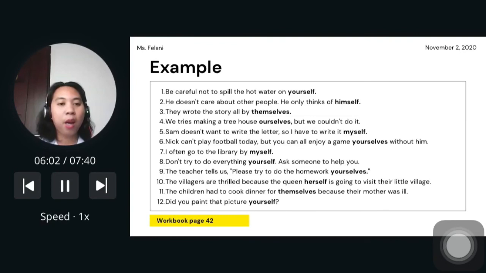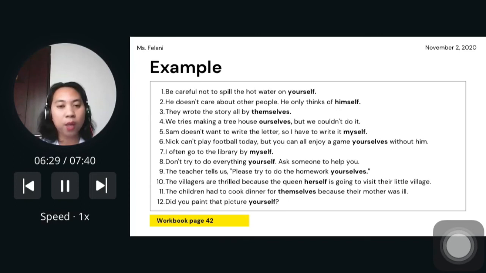Number 1: Be careful not to spill the hot water on yourself. Okay, so here someone is talking to another person, giving a warning. So that's why we use yourself over here. Number 2: He doesn't care about other people. He only thinks of himself.